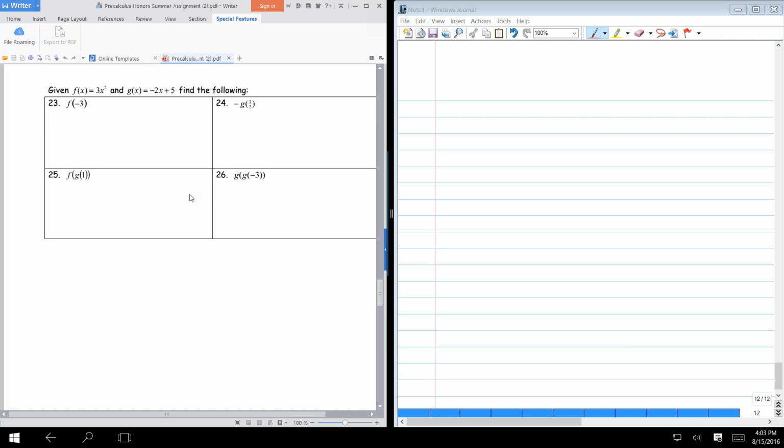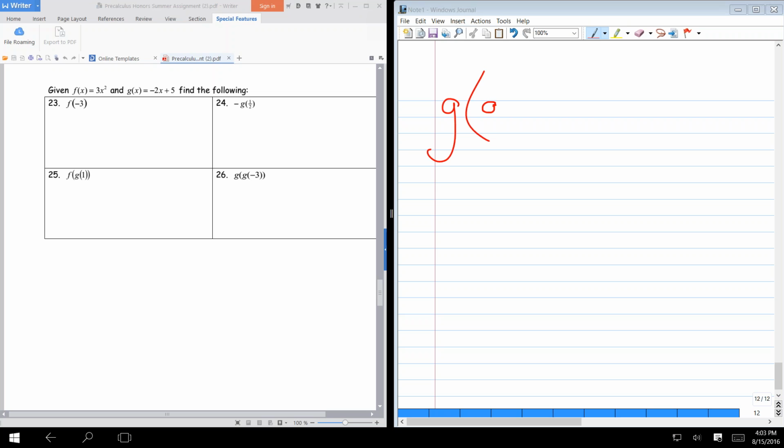The secret to parentheses notation like f of x and g of x is whatever's inside the parentheses, you plug it in for x. As simple as that. No matter how complicated. Okay? So let's look at 26 just for a moment.